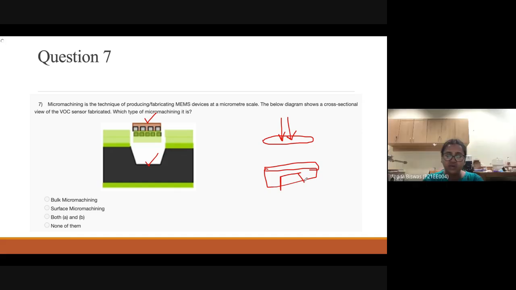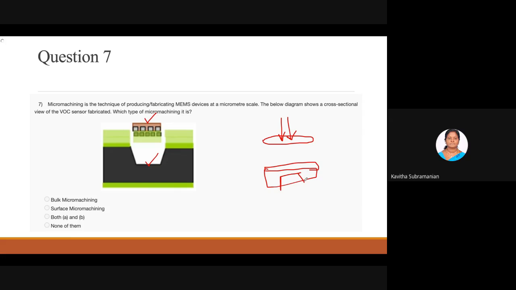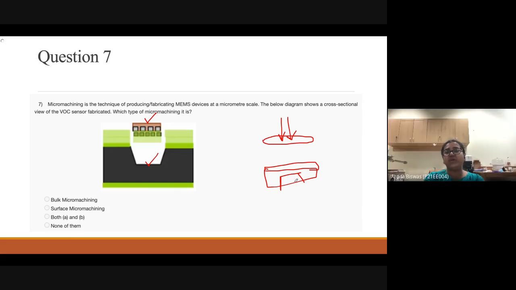Have you heard of the word etching process? Yeah, etching, a little bit. I know. By using the etching process, they can fabricate the hollow type of structure. Some portion of the silicon wafer, here it is the silicon wafer.